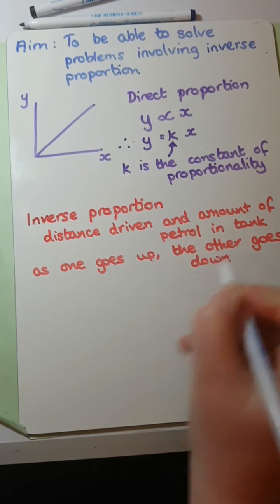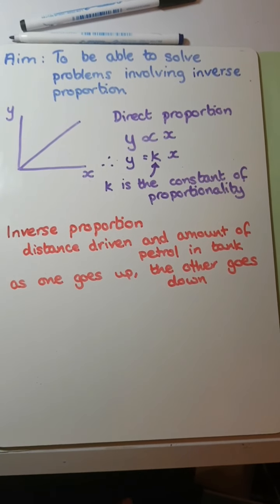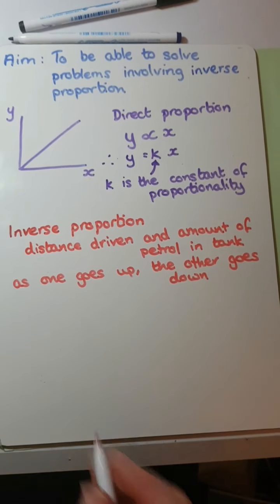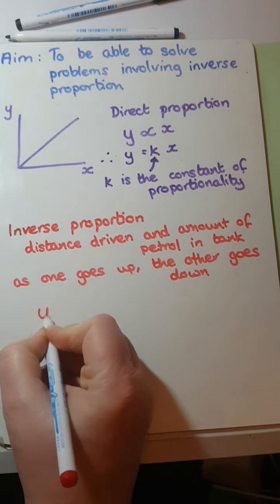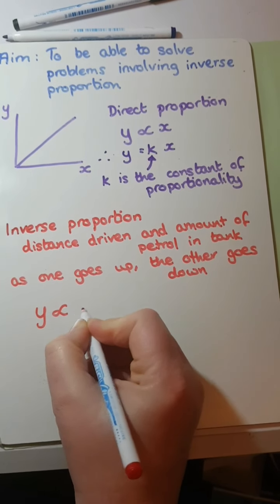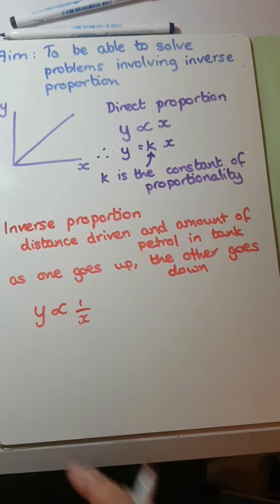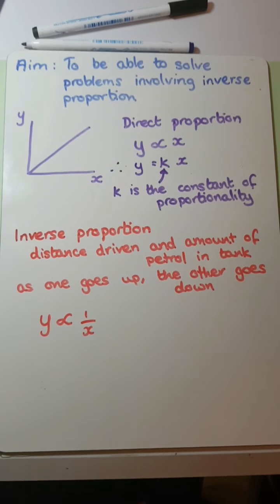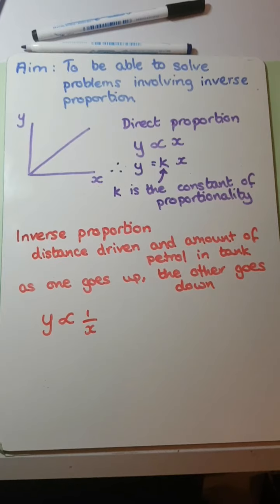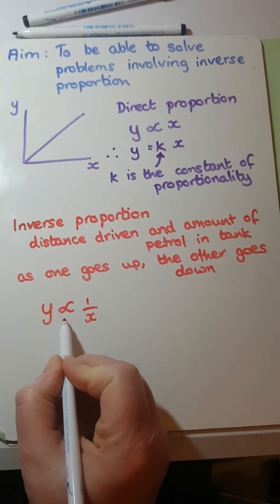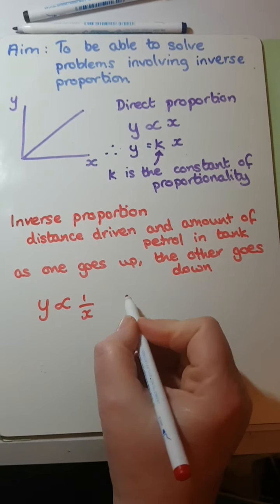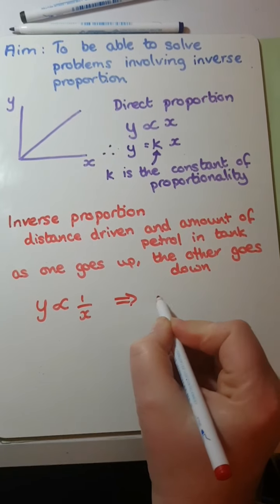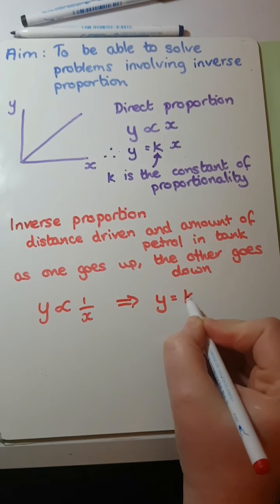Now, if we're thinking about how we can represent this algebraically, we say y is proportional to the inverse, the reciprocal of x. Other than that, it remains very similar, because that proportionality symbol can still be replaced with an equals k.